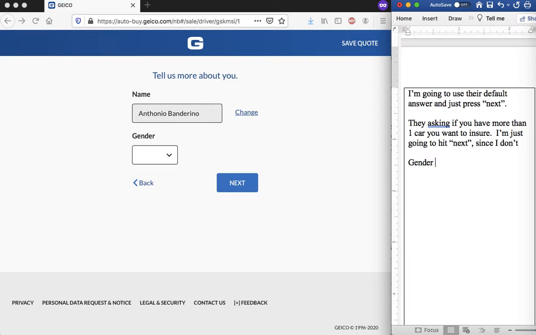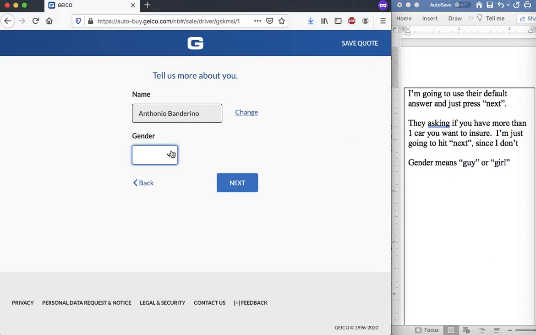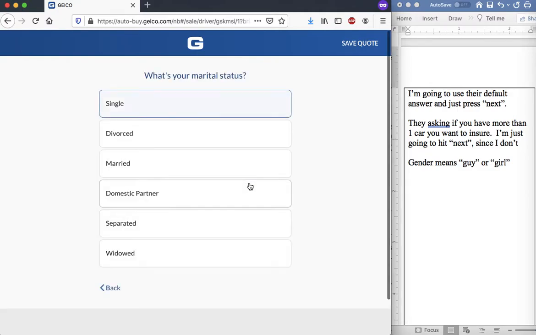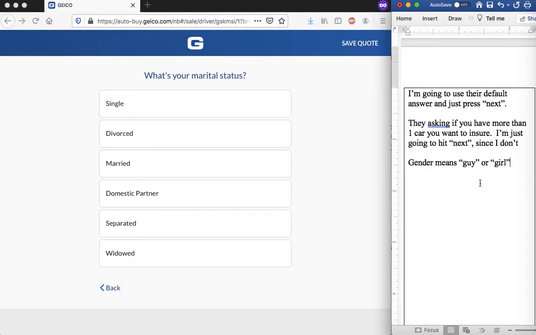Gender means guy or girl. Marital status is relationship status. I'll say I am single.